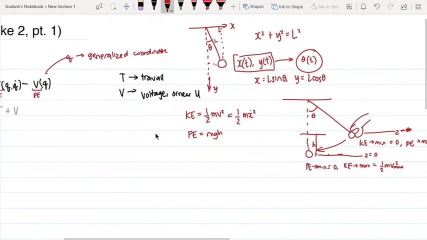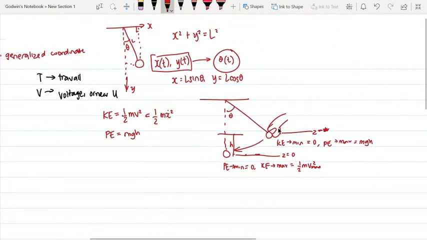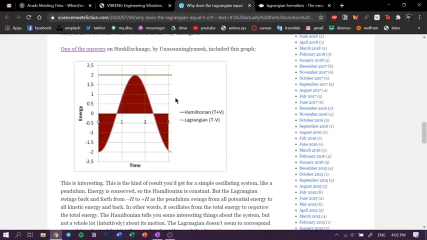Kasi the Lagrangian, if you think about it, is how much the energy changes from one state to the other, right? At the initial state, lahat ng energy natin is all potential. And if you see here, it's T minus V. Of course, if walang T, 0 minus V everywhere, which is all of the energy that we have, it's going to be negative, no?